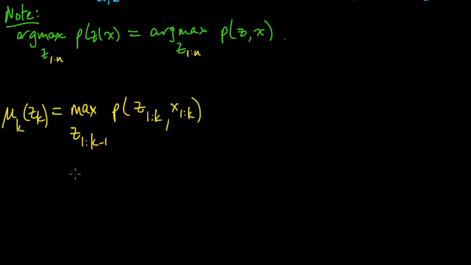We can factor this. Let's go ahead and make a new line. We can factor this as the probability of xk given zk times the probability of zk given zk minus 1 times the probability of all the ones up to zk minus 1, and x from 1 to k minus 1. I'm not going to prove all the conditional independence things here. I think you're probably familiar with it enough by now.